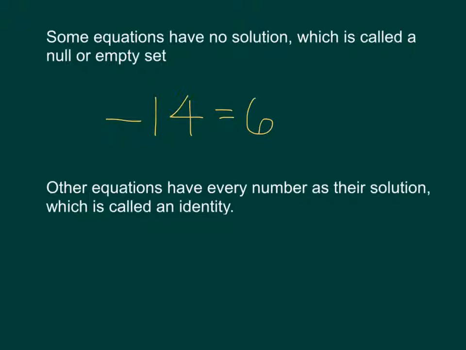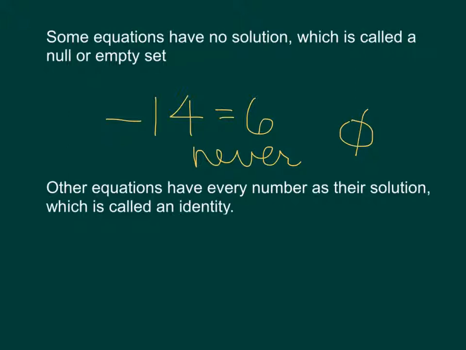Once you solve all the way down, if you get something like this, you would say that this is no solution or it's a null because negative 14 is never equal to 6. And so you can also write it as an open circle with a line through it, meaning that there's no solutions, that this problem was not solvable.